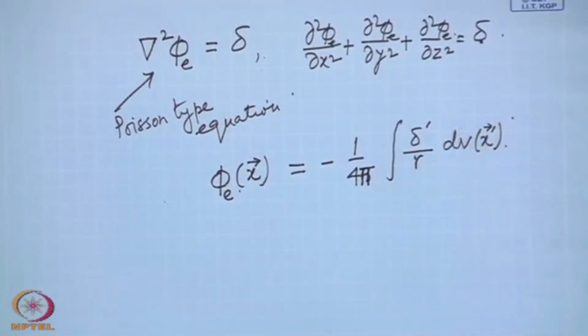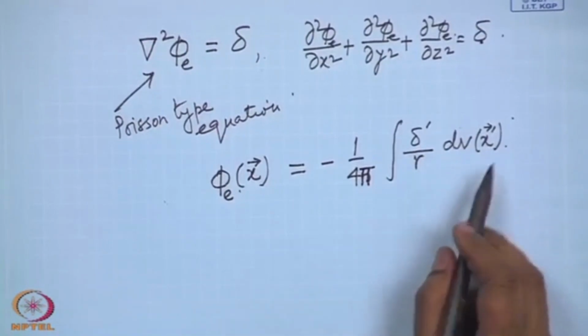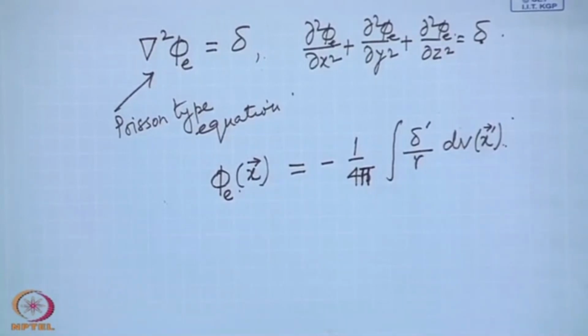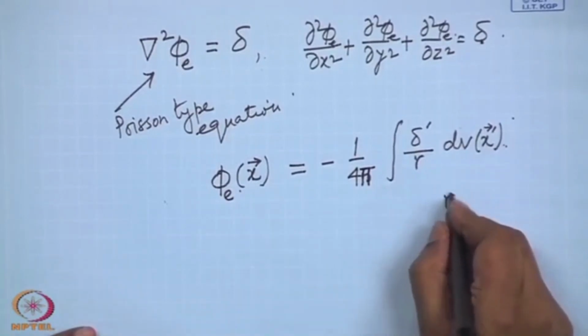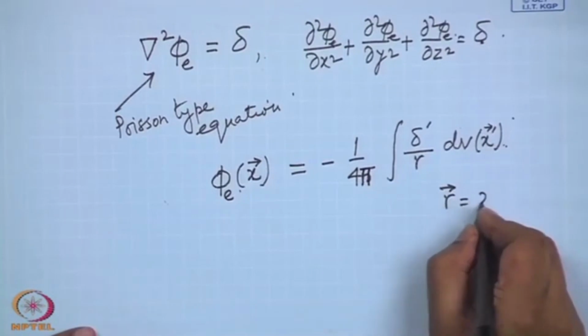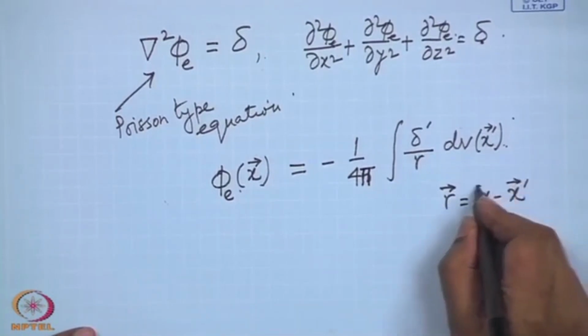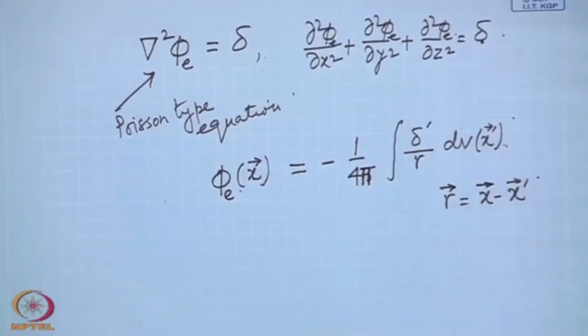However, x prime is nothing but a general point, another point, and r is the distance from the point x to x prime, that is this r. The distance between the 2 points is r.